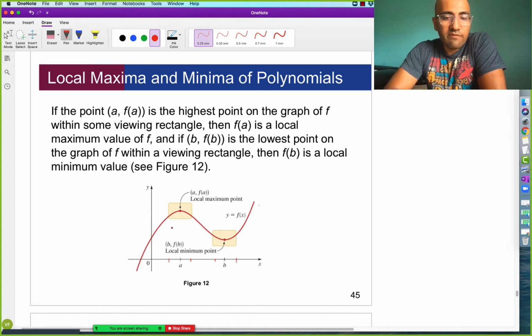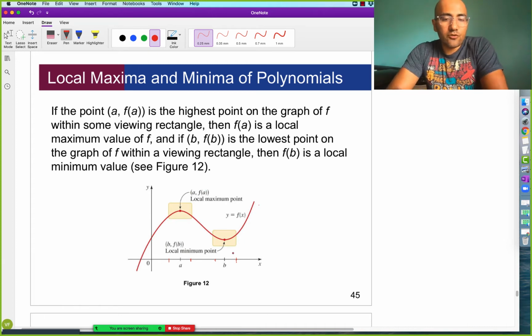It's not the smallest value of our function. As you can see, all these values over here are smaller than f of b, but there exists this little neighborhood such that f of b is smaller than any other point evaluated. Any other value you choose near b and you evaluate the function, you're always going to get that f of b is the smallest in that neighborhood.